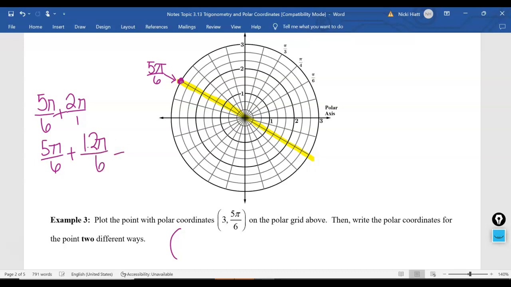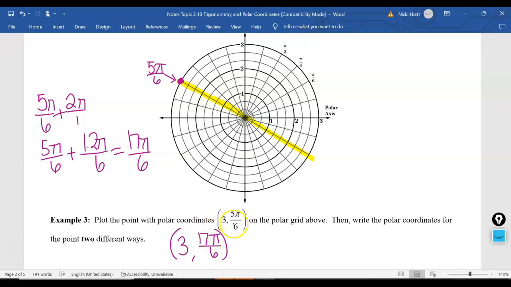And that would give us 17 pi over 6. So another way we can write this point right here is we could call it (17 pi over 6, 3). Now, we also could subtract 2 pi, or we could add 2 pi 3 times, or we could add 2 pi 10 times. You could have an infinite number of coterminal angles that you could use right here.